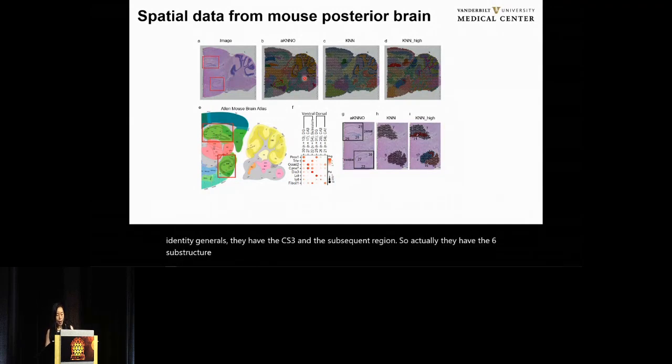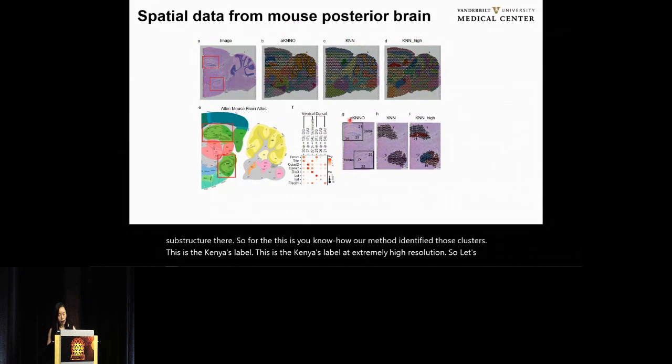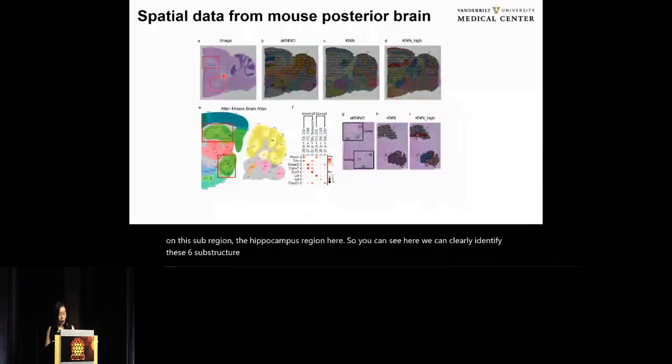So this is how our method identified those clusters. This is the adaptive k-nearest label at extremely high resolution. So let's focus on this sub-region, the hippocampus region here. You can see we can clearly identify these six substructures, very precisely matching the H&E image here.